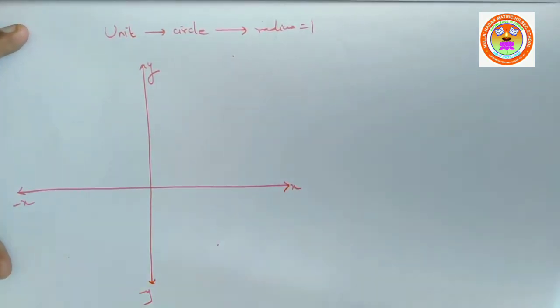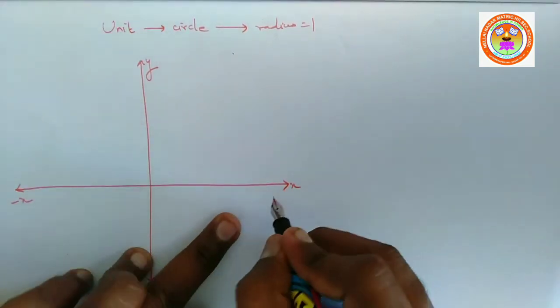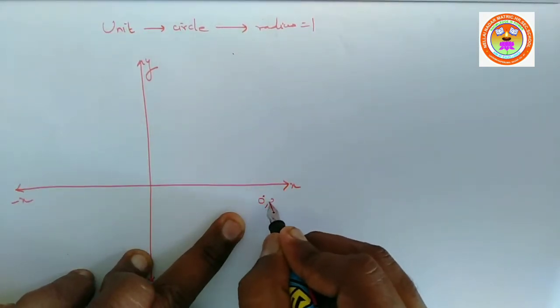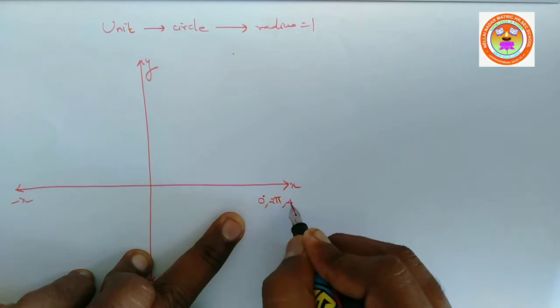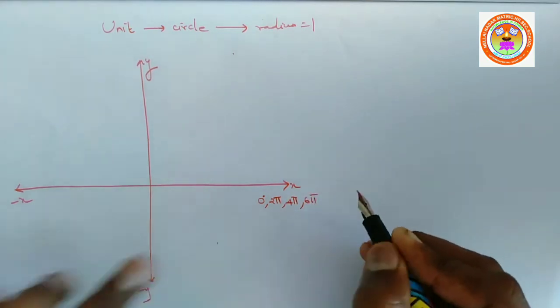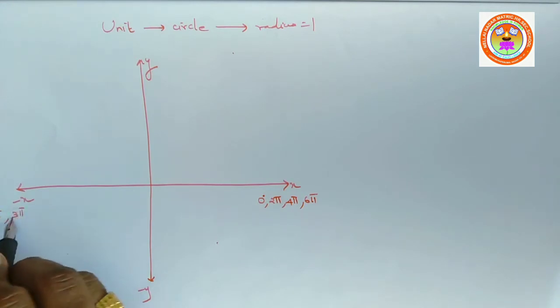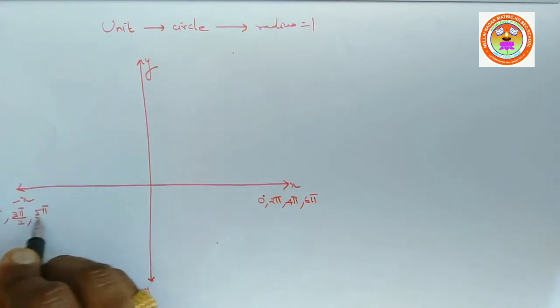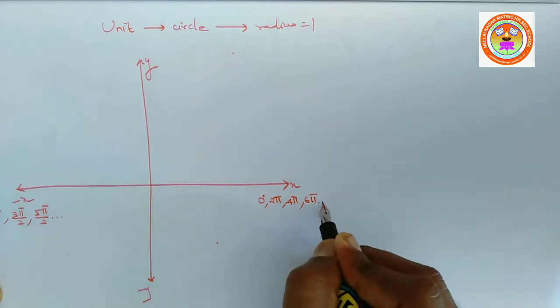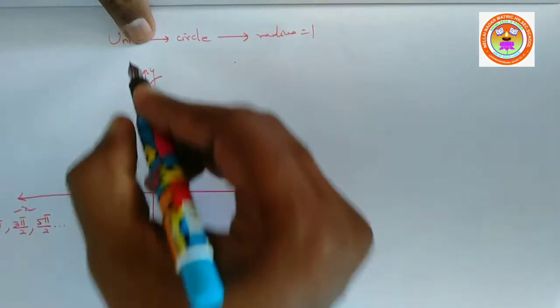In this unit circle, what I am going to do, listen. We know this one is 0 degree, 2 pi, 4 pi, 6 pi. This will be pi, 3 pi, 5 pi and it goes on. The same for y.